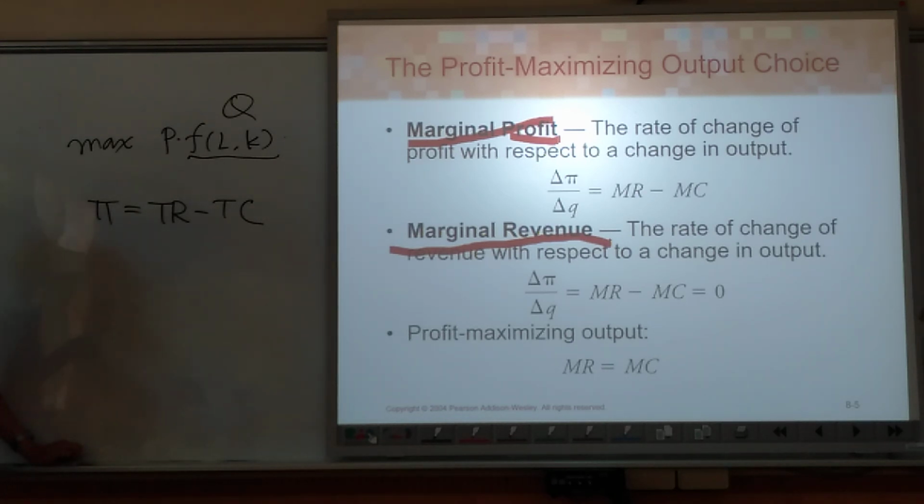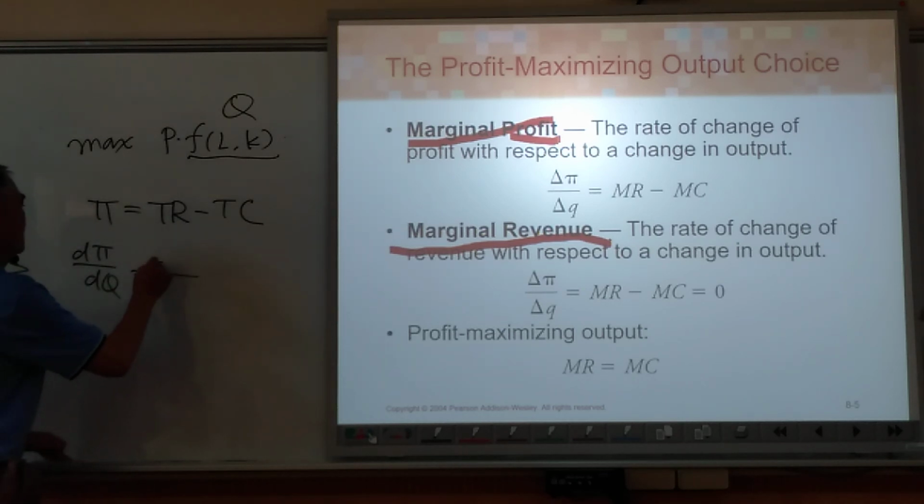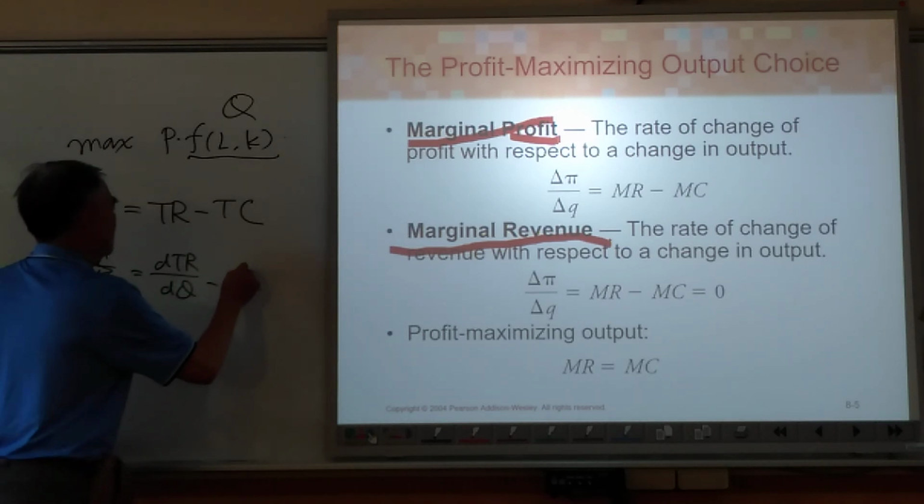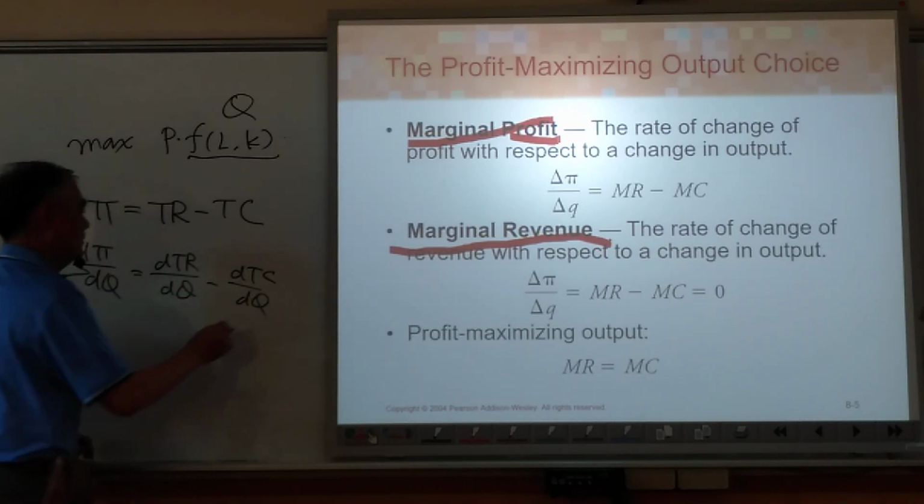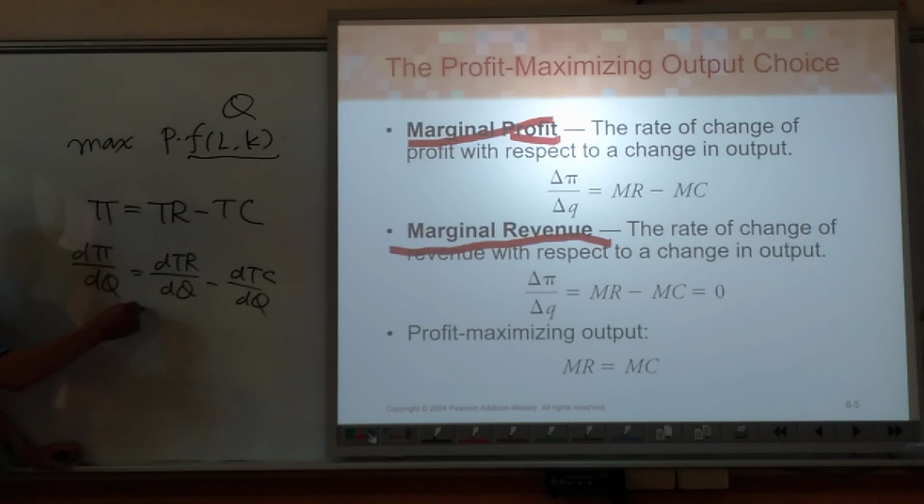You want to differentiate this with respect to Q. So d pi dq. So what you get? dTR dq minus dTC dq. Okay. So here is total revenue differentiate with respect to Q. So what do you get?